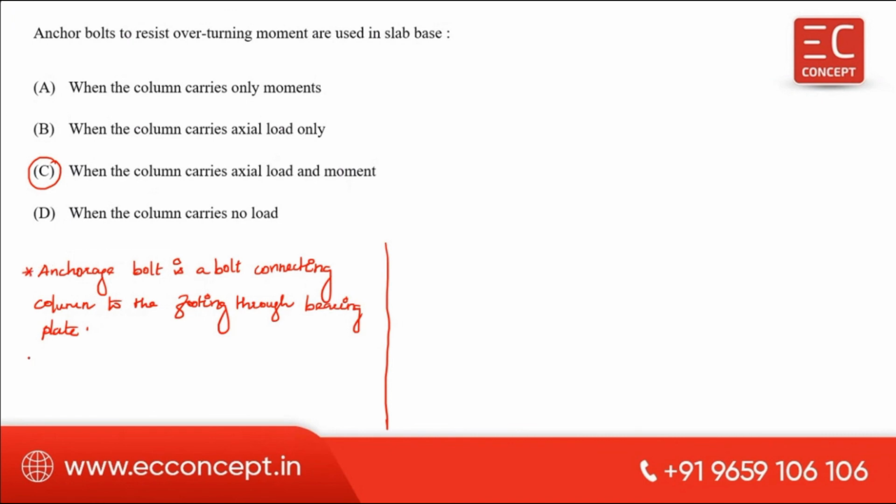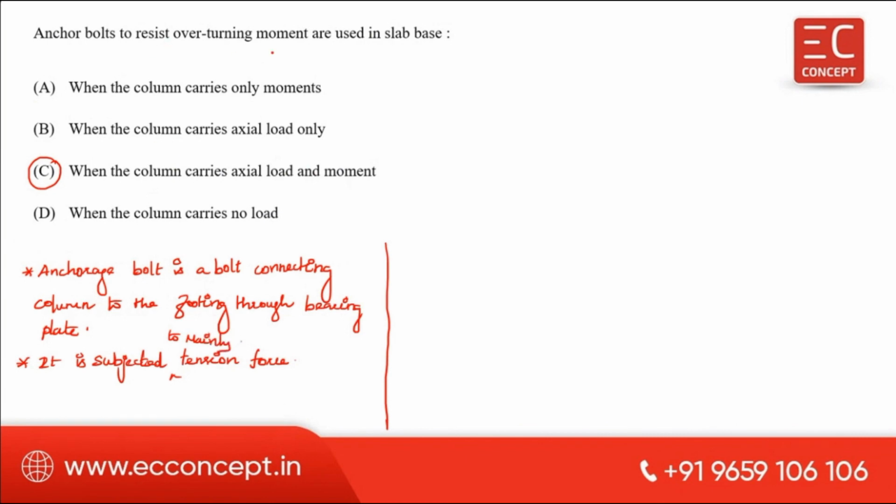And this anchor bolt is subjected to tension force. Okay, it is subjected to mainly tension force.